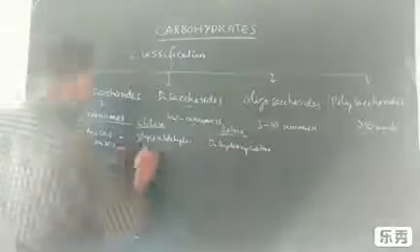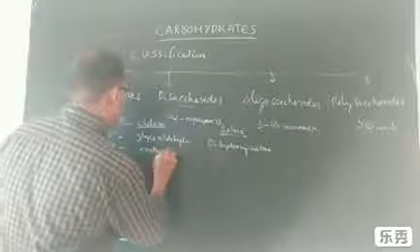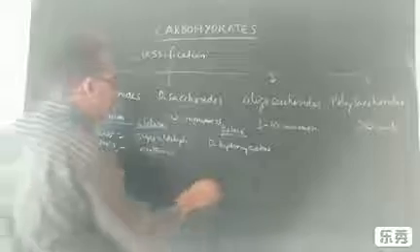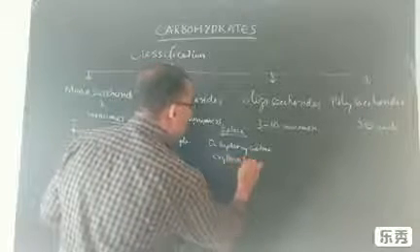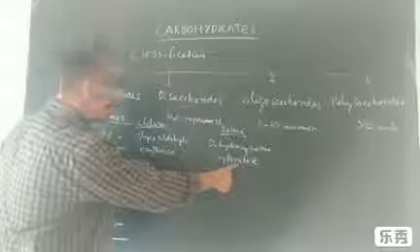For tetroses, it is erythrose, which contains an aldehyde group, so it is an aldose. Then erythrulose contains a ketone group, so it is a ketose.